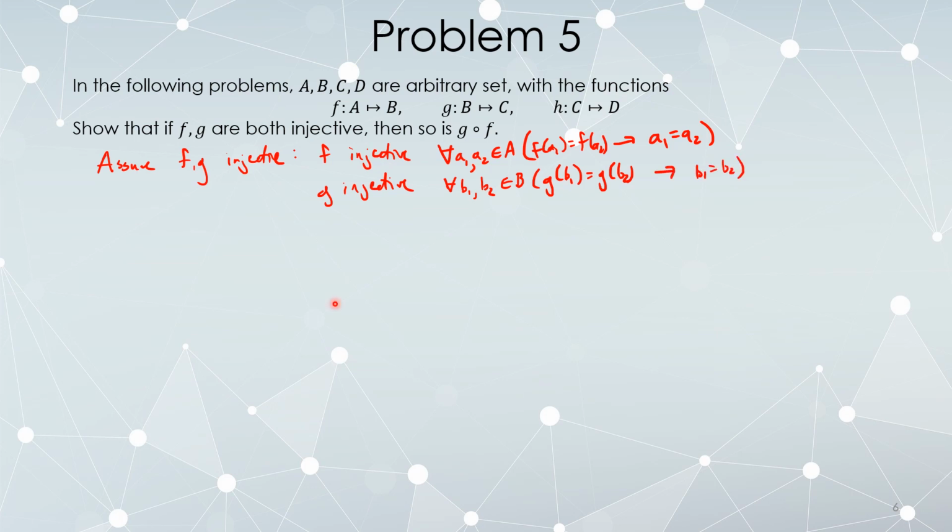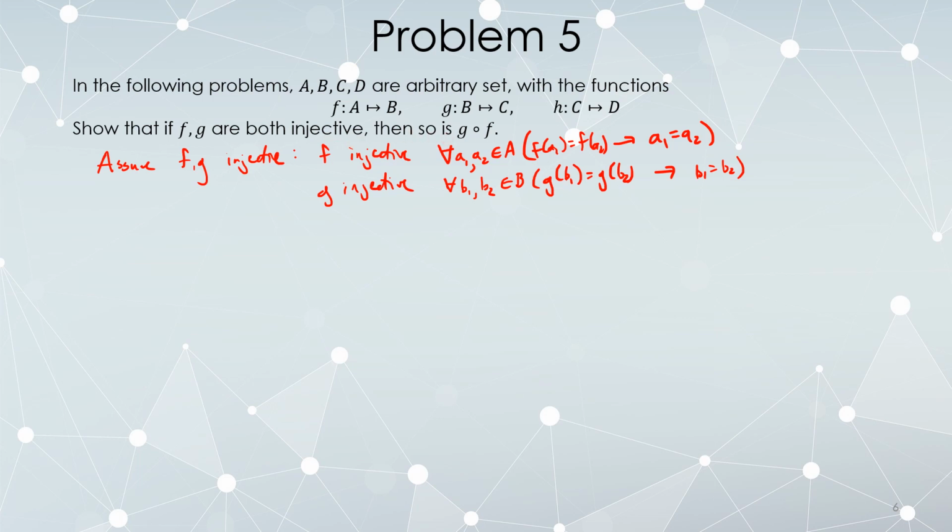And let's take a moment to ask what sets these belong to. b1 and b2 are in the set B, but the function g sends the set B into the set C. So this equality is in the set C, whereas this equality is in the set B. Now these are two statements I do not have to prove. This is simply what we were given. We are allowed to assume that f and g are both injective.